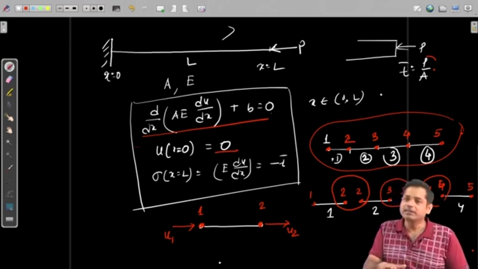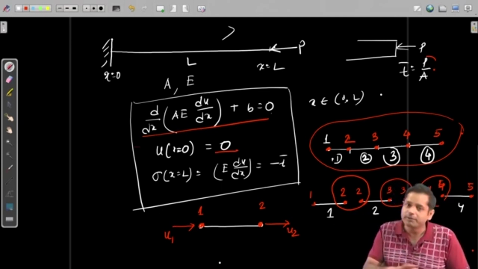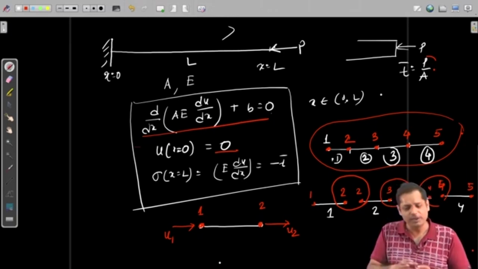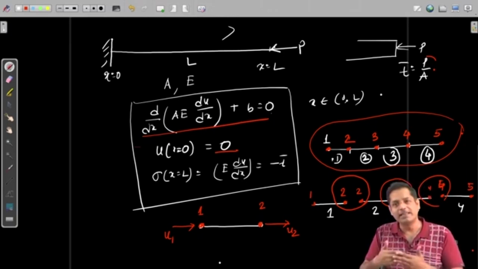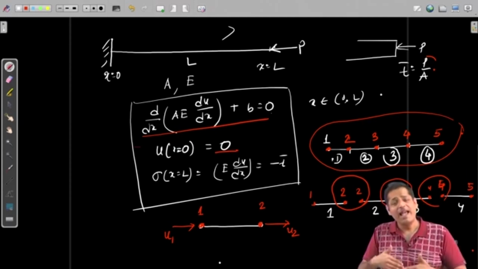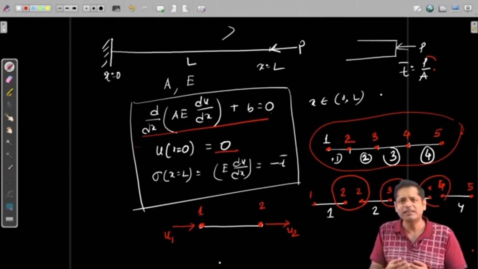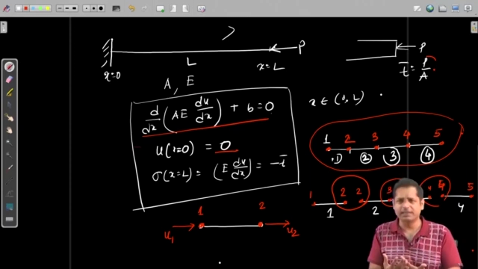Whatever the approach, whether direct or this approach, essentially we are solving the same problem, using the same equations, but the approach is different.